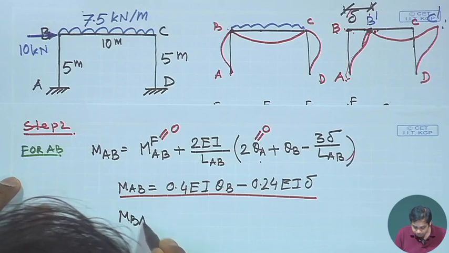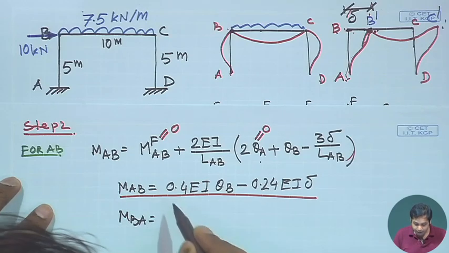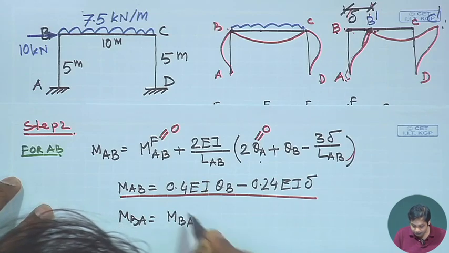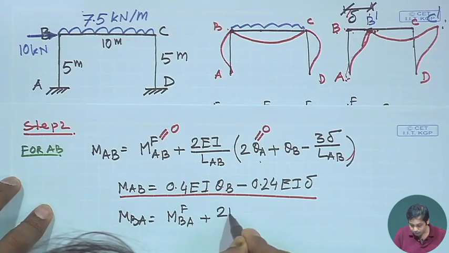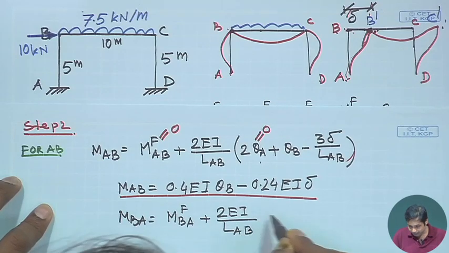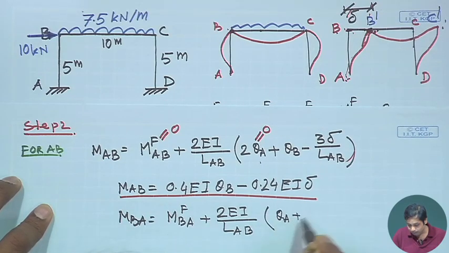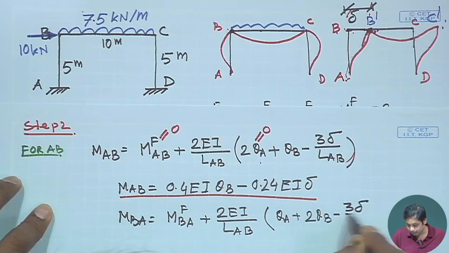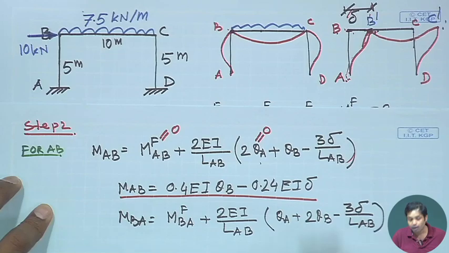Similarly, we can write the slope deflection equation for BA. MBA will be the fixed end moment MBA plus 2 EI by LAB, then theta A plus 2 theta B minus 3 delta by LAB. Okay.